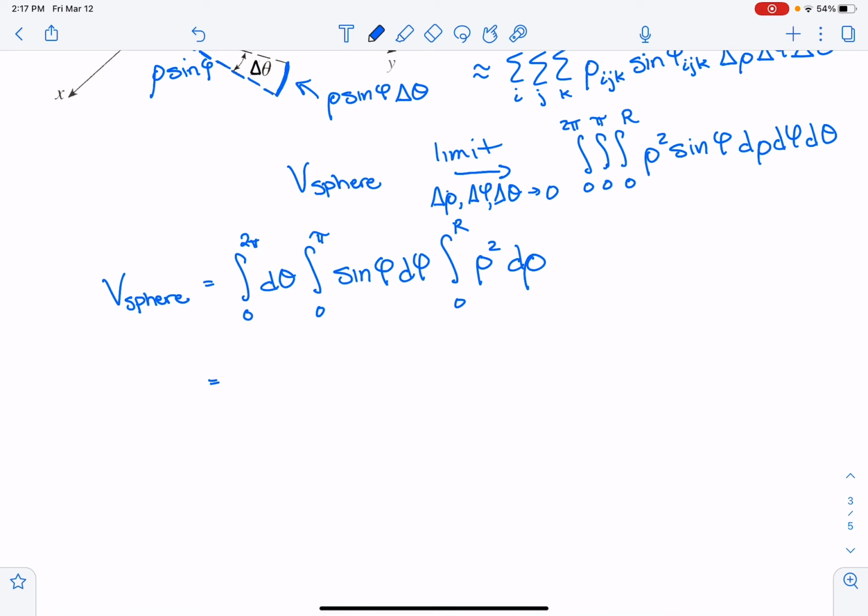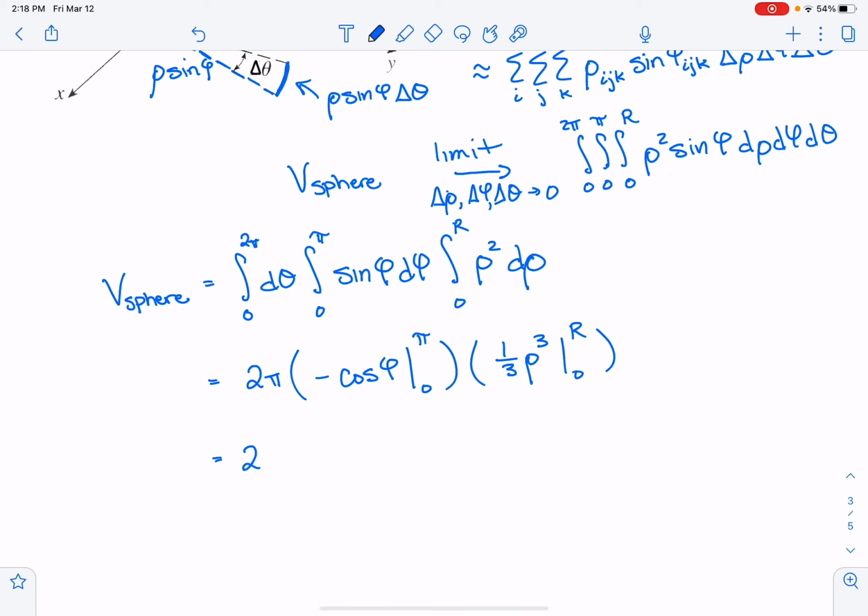So the integral from 0 to 2 pi of d theta is just 2 pi. And then we're going to get a minus cosine of phi evaluated between 0 and pi for the antiderivative of sine of phi. And then we're going to get a 1/3 rho cubed from 0 to r for the antiderivative of rho squared. Okay, so this becomes 2 pi times minus cosine pi, so that's 1.